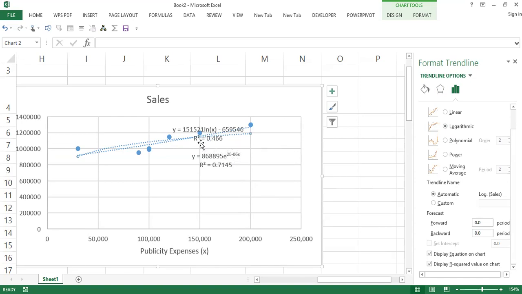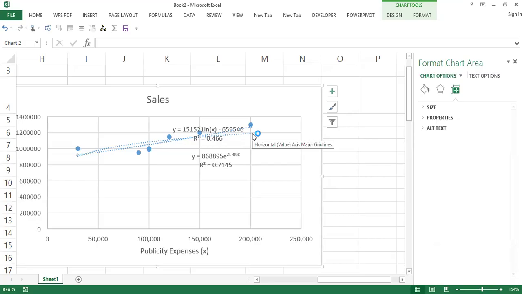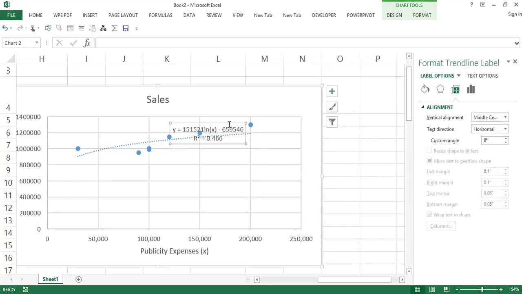Let me delete this one. For the logarithmic, this is used when it is the x that is increasing rapidly compared to y. When the value of x tends to be very, very high, to grow very much in comparison to y, that is when the logarithmic is suitable.